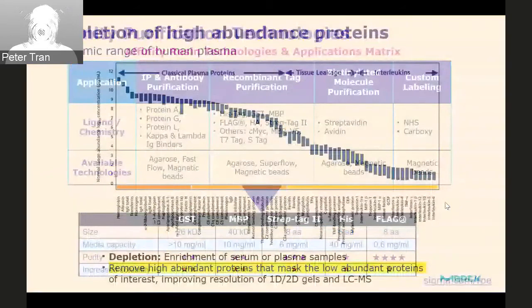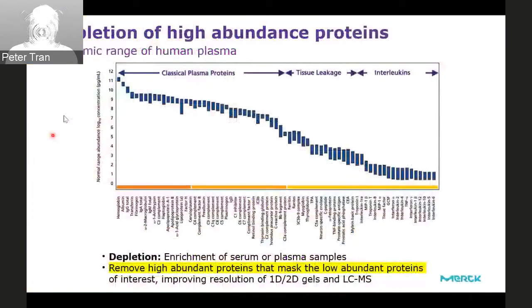And next one is the depletion. This is more specific to human plasma or serum samples. In the plasma sample, there are a lot of highly abundant proteins like hemoglobin, albumin, or IgGs. But there are some cytokines present at very low abundance, and they are mostly very important biomarkers, right?